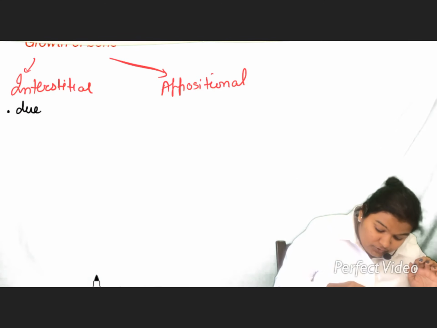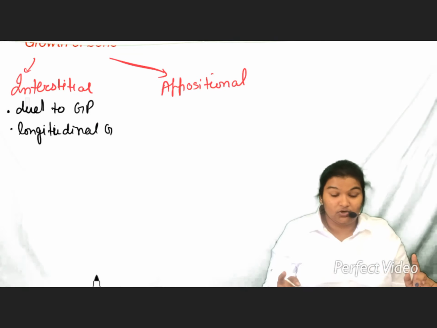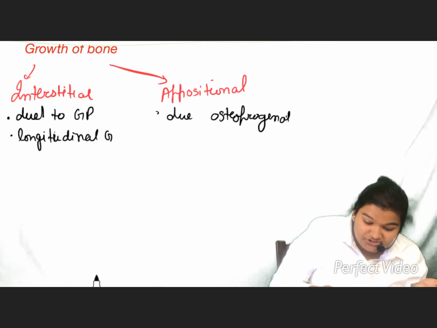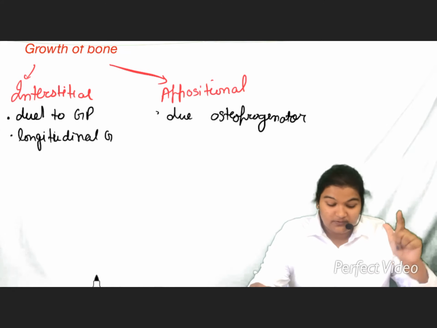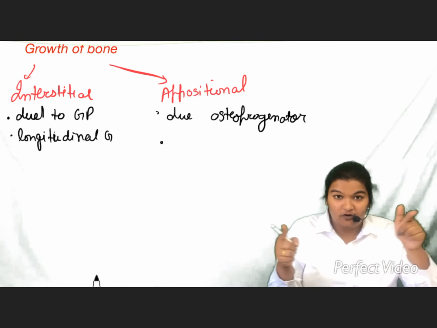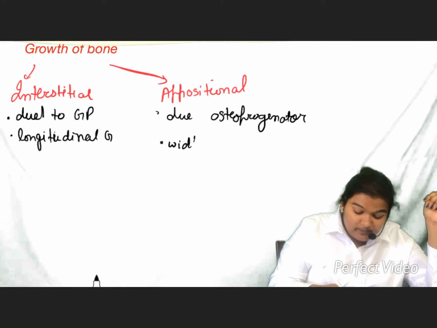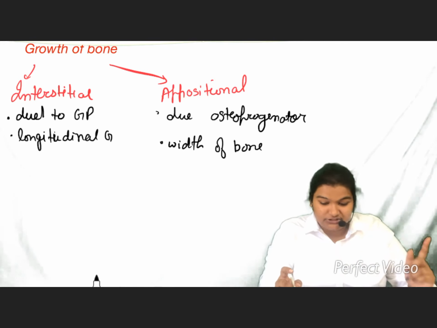The appositional growth is due to osteoprogenitors present beneath the periosteum and endosteum, which is responsible for the increase in width of the bone. It is the appositional growth.